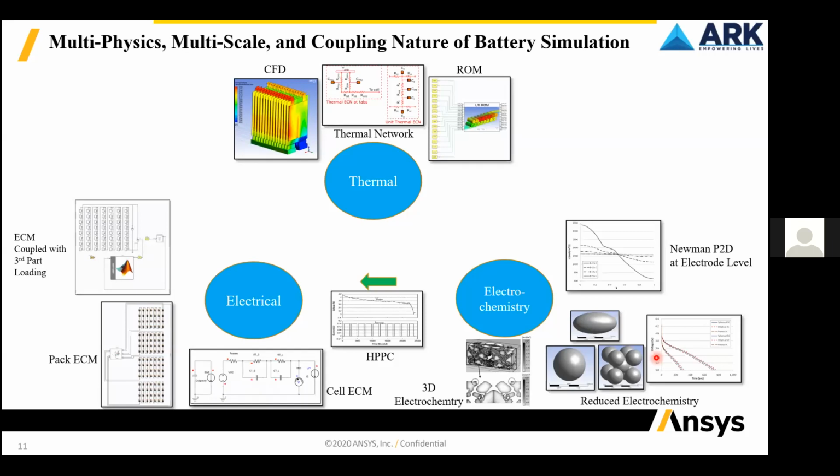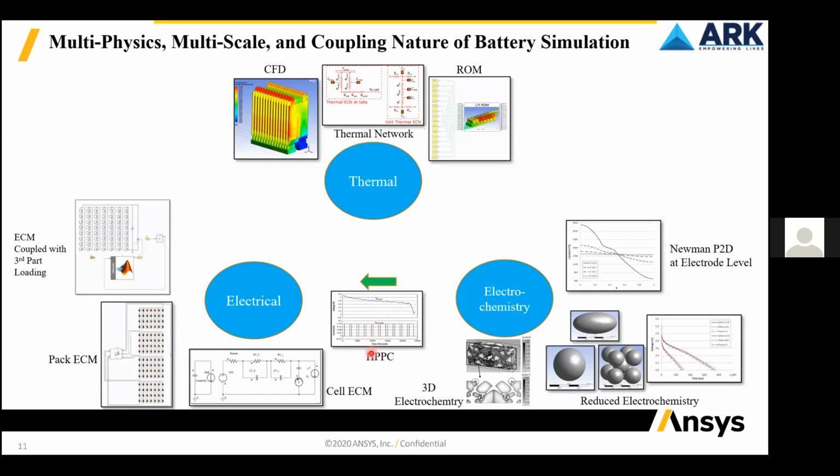Electrochemistry models could be used to create performance data, for example this HPPC data, which can be taken from Twin Builder. This is very valuable when the battery prototype is not available, and therefore an HPPC test is not possible.